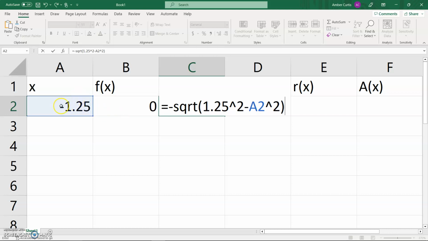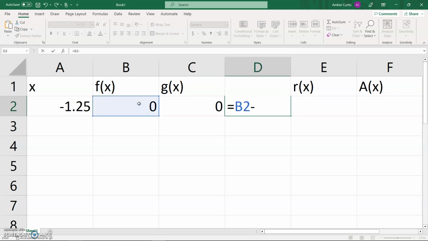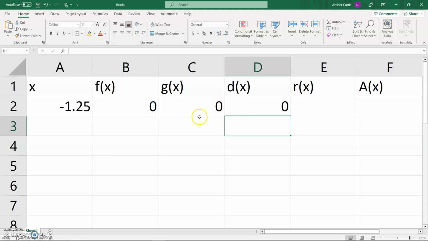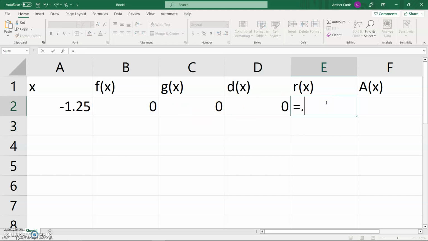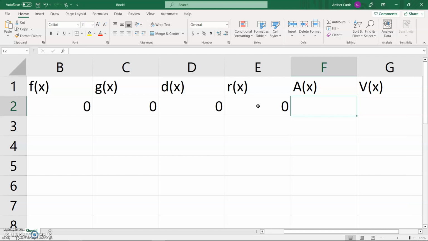And you'll notice when I say x value, I'm selecting the correct cell for that x. My diameter was the difference of these two. And then my radius was 1/2 of the diameter.